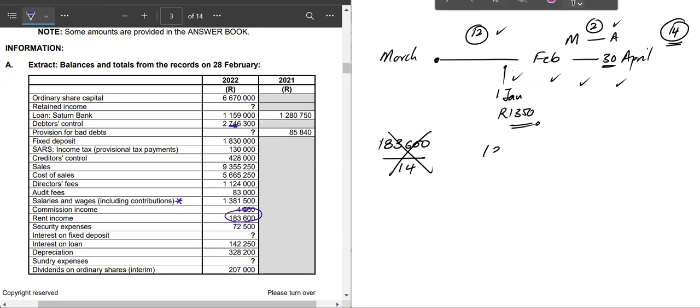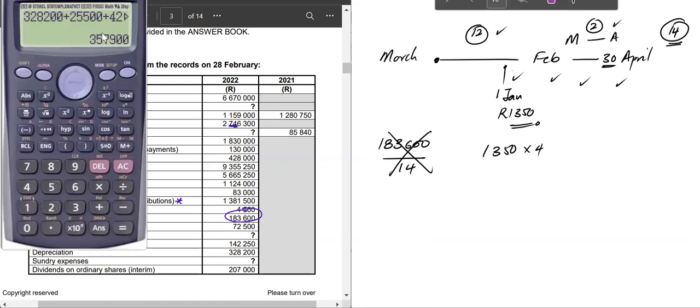So I'll say 1,350 multiplied by 4. We want to know how much was that decrease. If I multiply that by 4, that will give me 5,400.